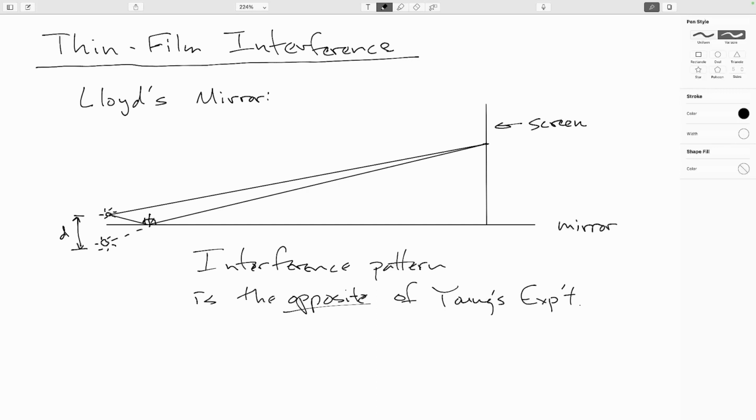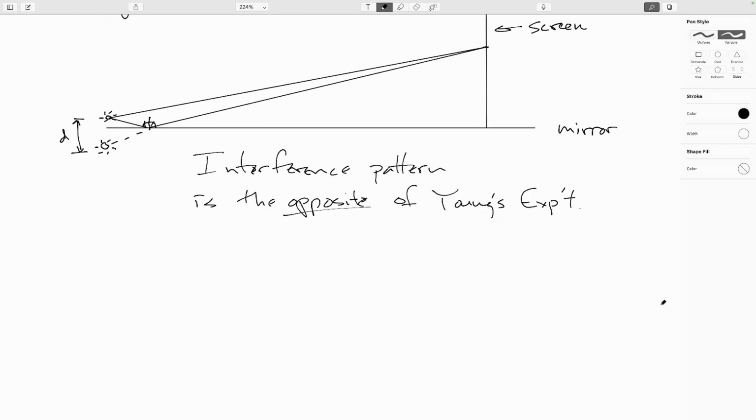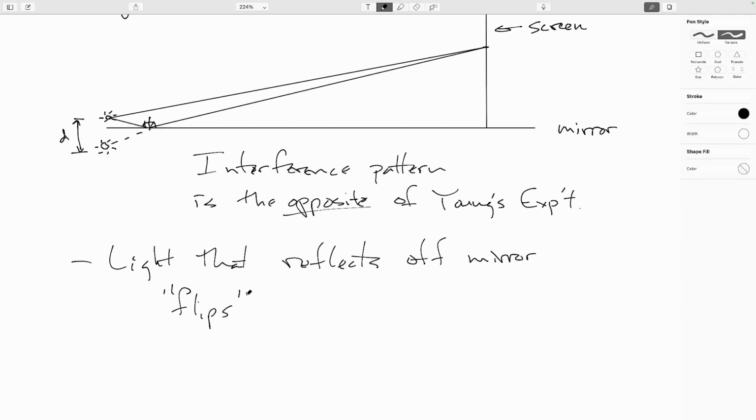So what this means is that the light that reflects off of the mirror flips upside down. By that I mean if you had a crest, it's now a trough, and if you had a trough, it's now a crest.